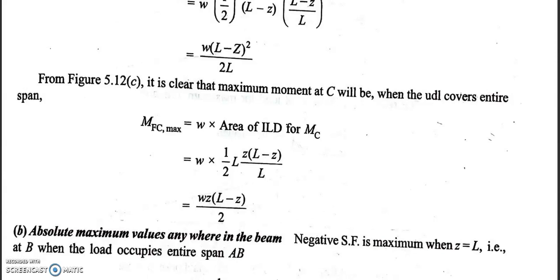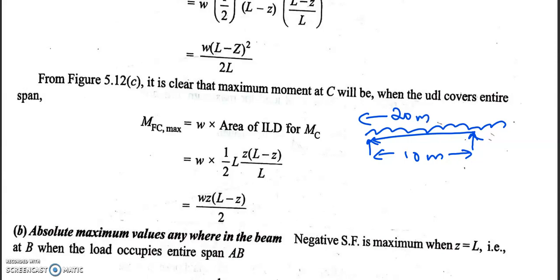You have a figure and you have a uniformly distributed load that is longer than the span. Say your span is 10 meter and you have a UDL of length 20 meter.